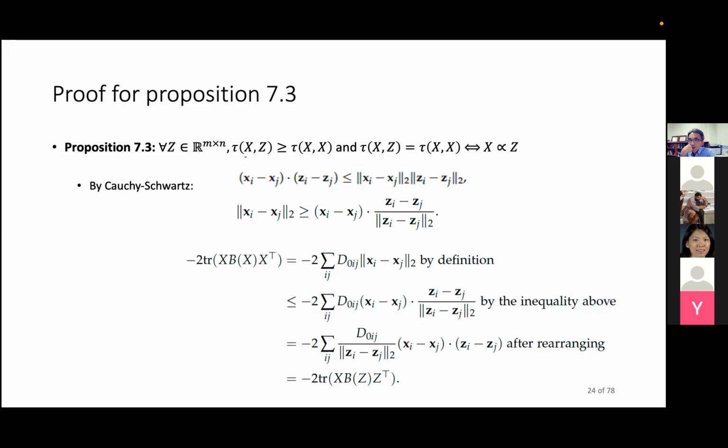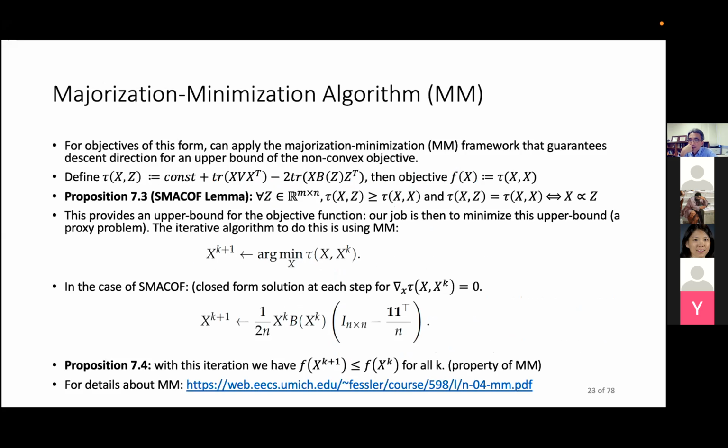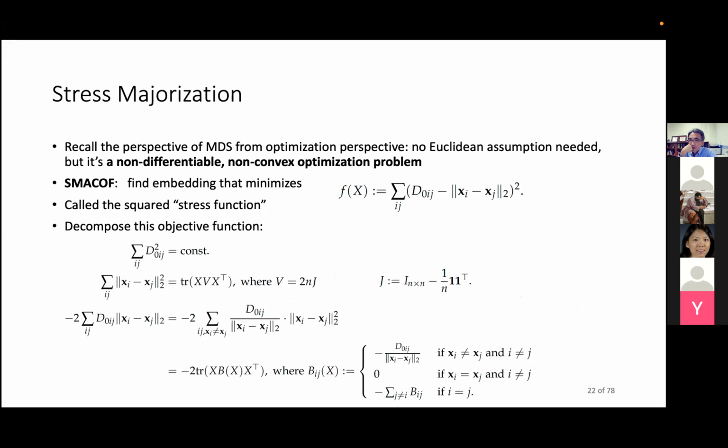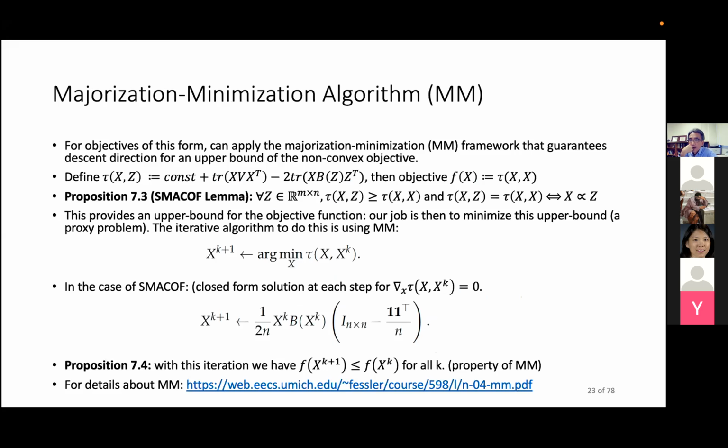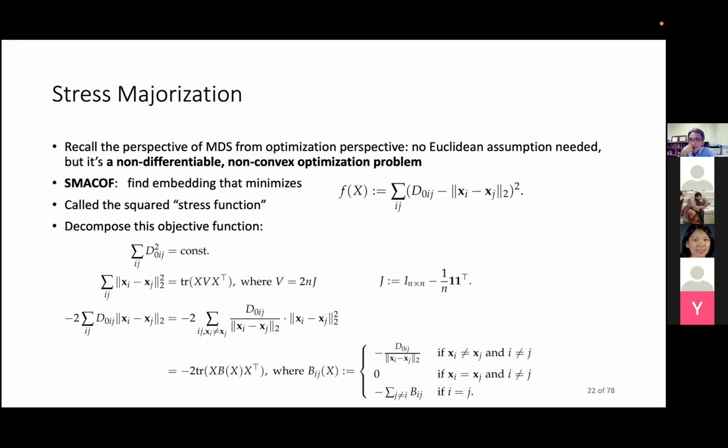Because if you look at the formula of computing B sub x, one or two slides before, yes, this one, B sub ij. What we do is normalize based on the norm.